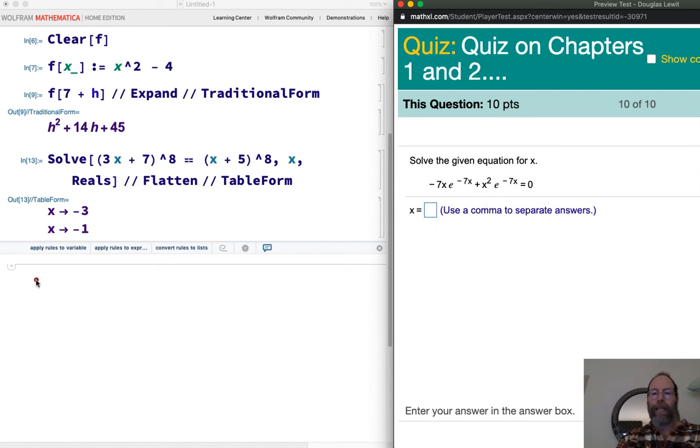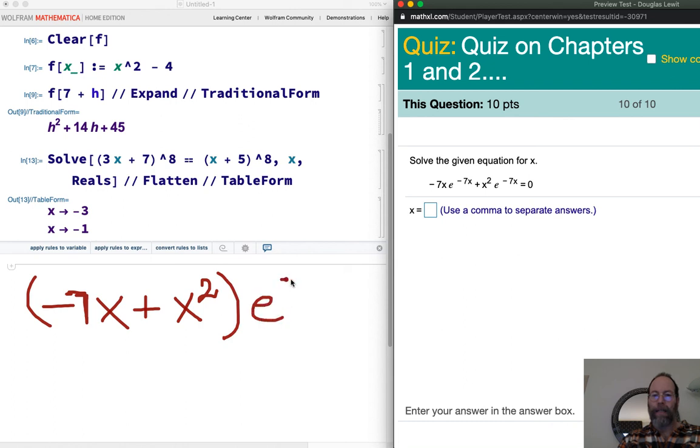So what we really have, we can factor out the e to the -7x, and we're going to end up with -7x plus x squared times e to the -7x is equal to 0.